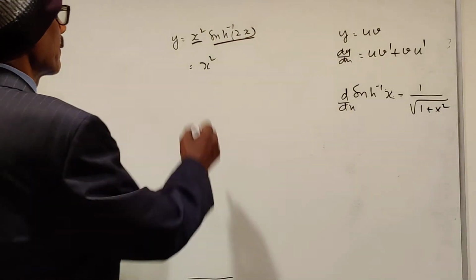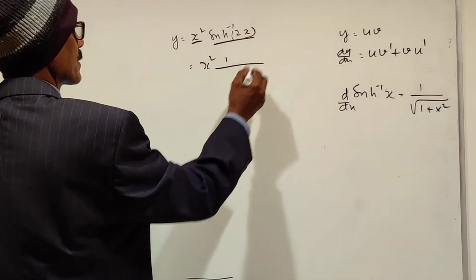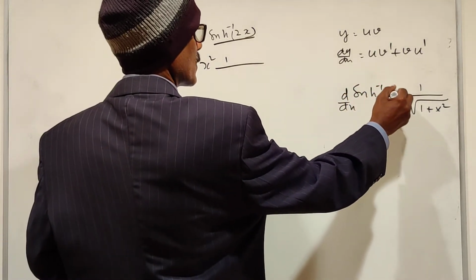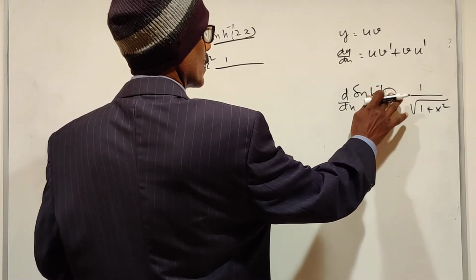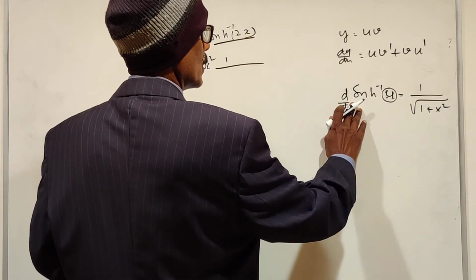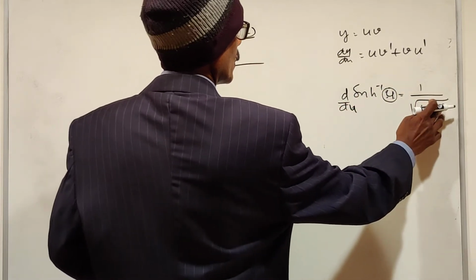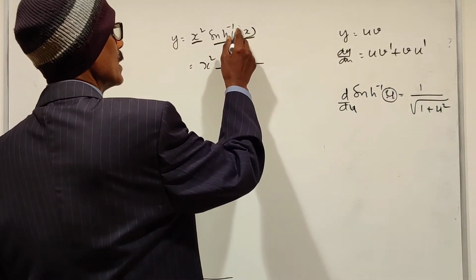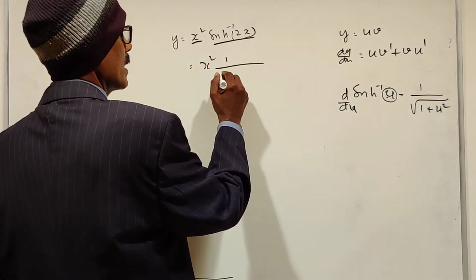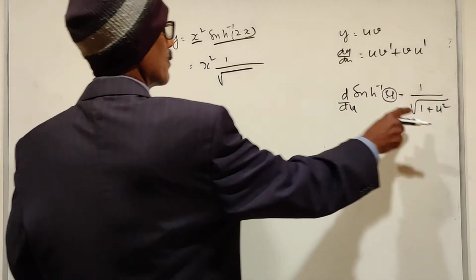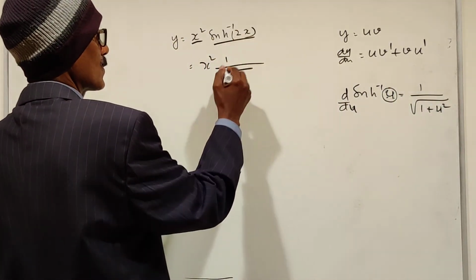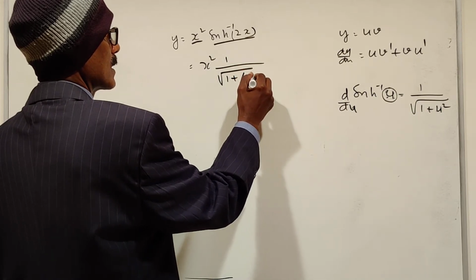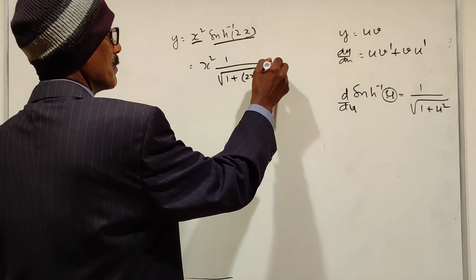In the place of x, I'm going to write u, so it is 1 by square root of 1 plus u square. Here, in the place of u, it is 2x, so u square is 2x the whole square: 1 plus 2x whole square. Chain rule.